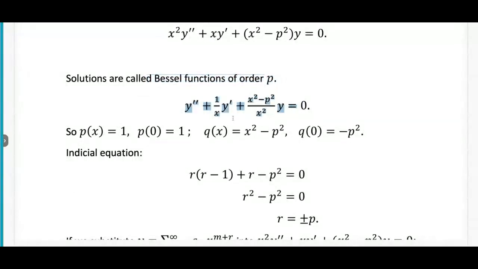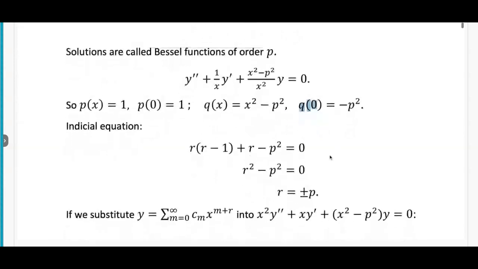Right, we rewrite it in PQ form. Then lowercase p is x times capital P, which gives us 1, so p naught is 1. Lowercase q is x squared times capital Q, which is just x squared minus p squared, and q naught is just negative p squared.